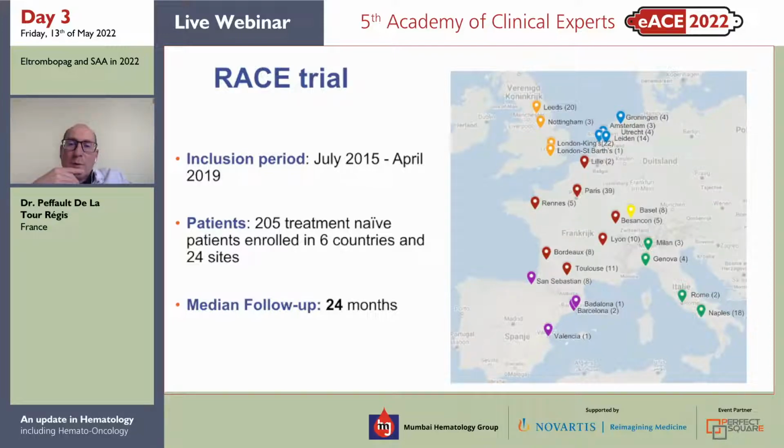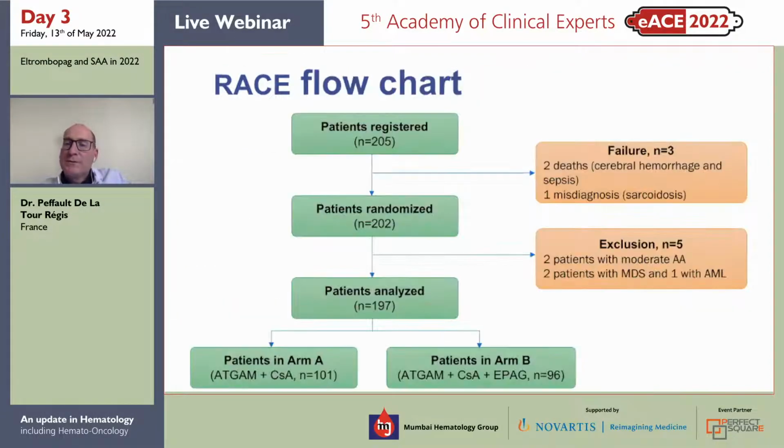Unfortunately, we were not able to make Germany join that trial because of regulatory reasons, since there were 2 experimental drugs at the moment of the opening of the trial, which is not suitable for the regulation agencies in Germany. So finally, we were able in those 6 countries to include 205 treatment-naive patients with severe aplastic anemia, and the median follow-up was 24 months.